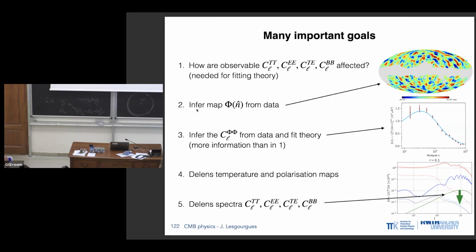But there is a method for doing this, and it's particularly useful for the BB mode, because by delensing your BB map and computing then the C_L^{BB}, ideally, you would get rid of this green curve. All this delensing business always has a theoretical error that you cannot beat, and also some error coming from the noise in the measurement.